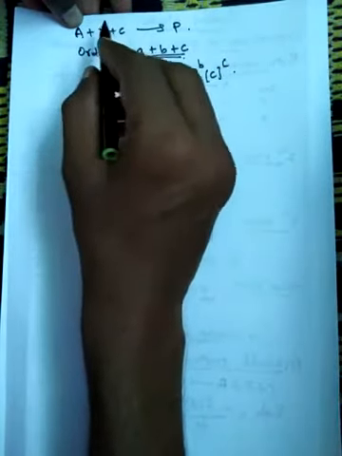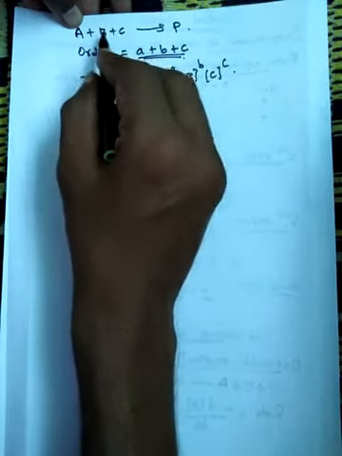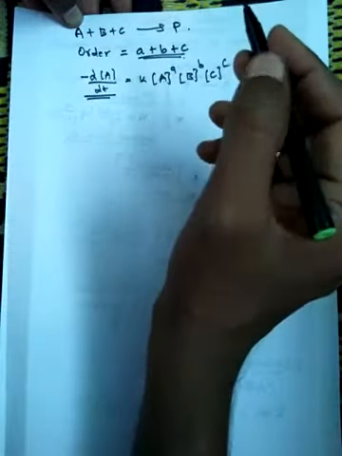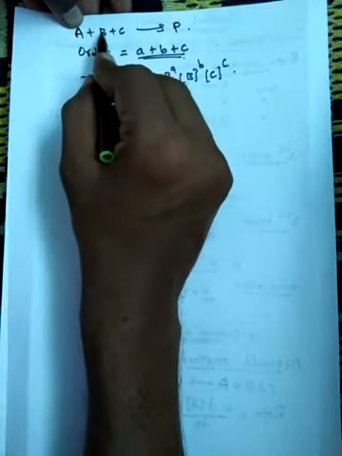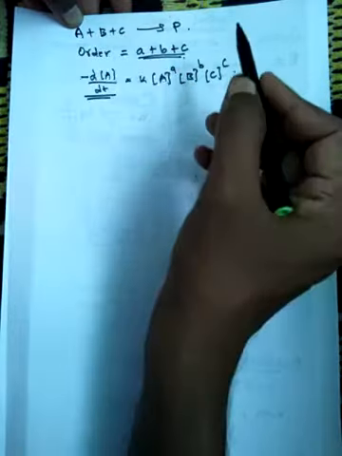If you take a large quantity of a reactant, then the rate will not depend on those reactant molecules. So the rate of this reaction will not depend on the concentration of B and the concentration of C if I take them in large quantity.